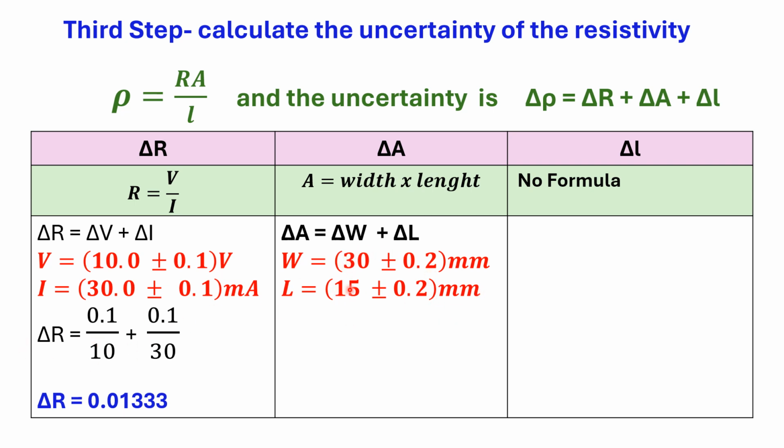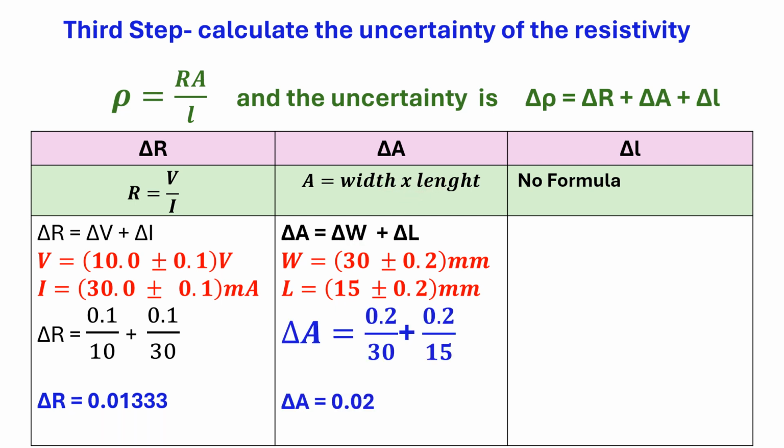We are going to add the fractional uncertainties from each variable that we see in the formula here. So how it goes? So here you have 0.2 divided by 30 and 0.2 divided by 15. Adding both, you have 0.02.